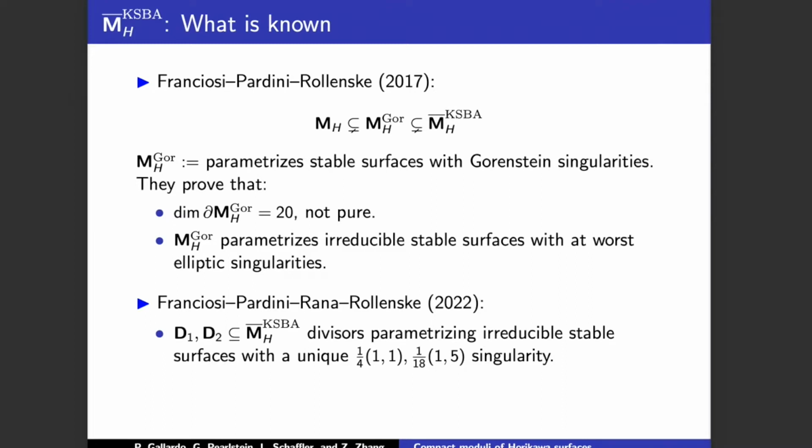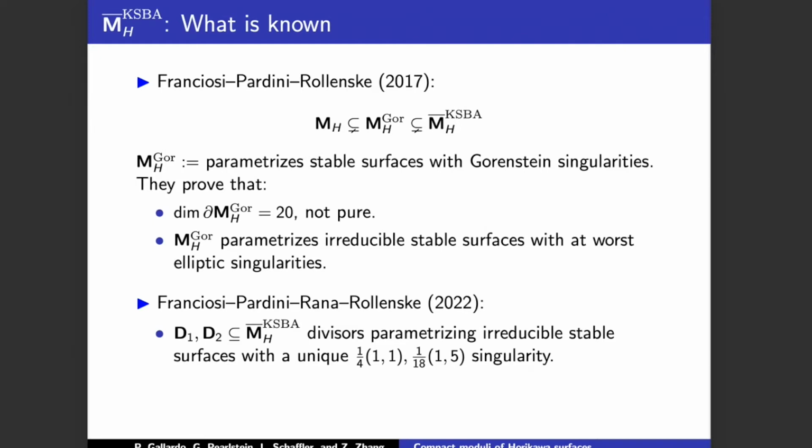In the case of D1, the generic surface parametrized by it has a 1/4(1,1) isolated singularity. You should think of this as an isolated singularity introduced by acting with a cyclic group of order 4 in an appropriate way on C2. And D2 generically parametrizes surfaces with a 1/18(1,5) type of singularity.